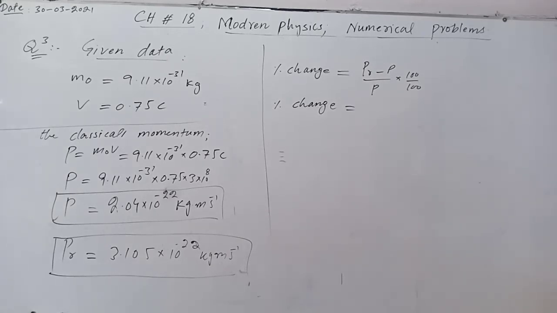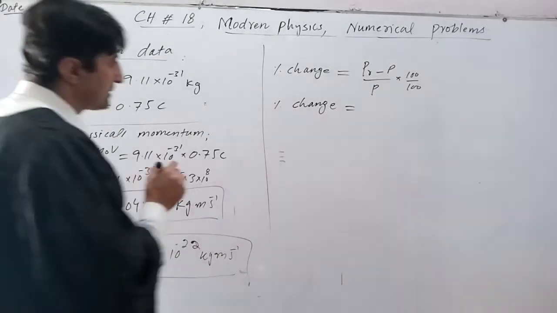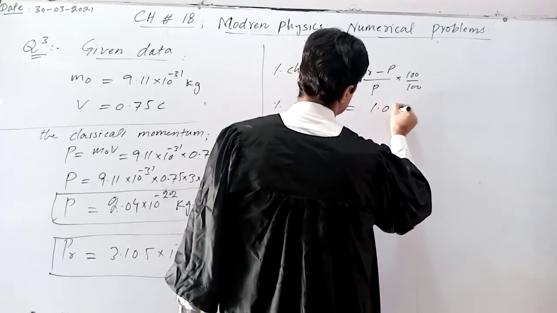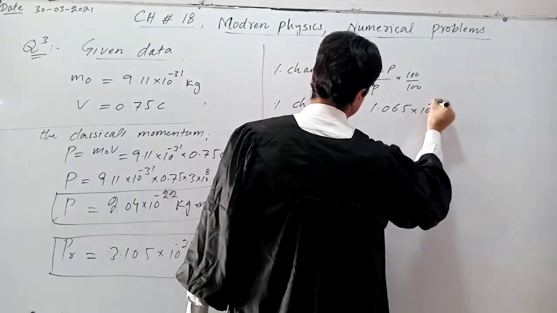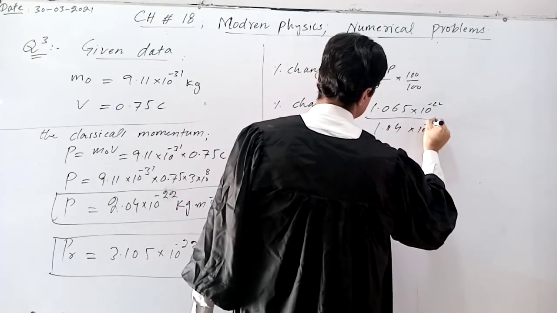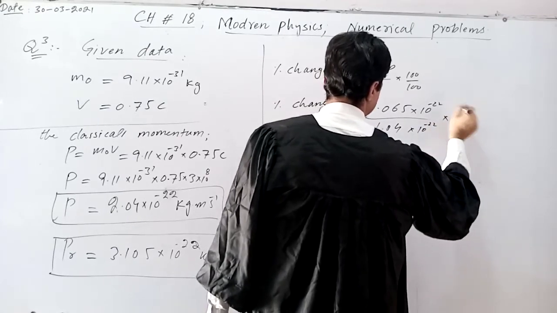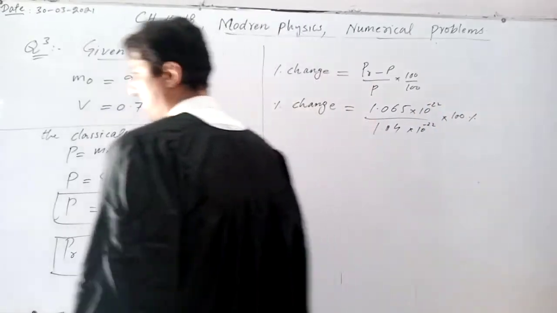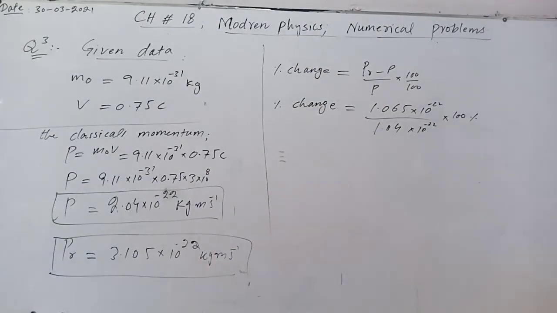Let me calculate this value: 1.065 divided by 2.04, multiplied by 100 percent.